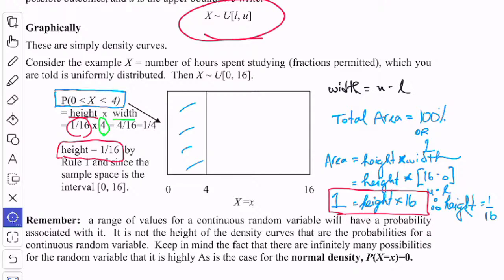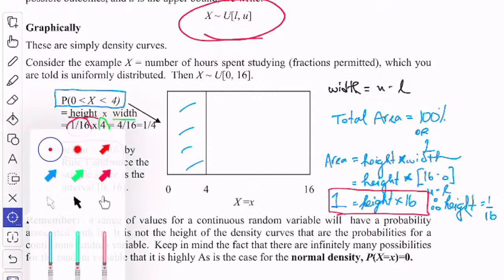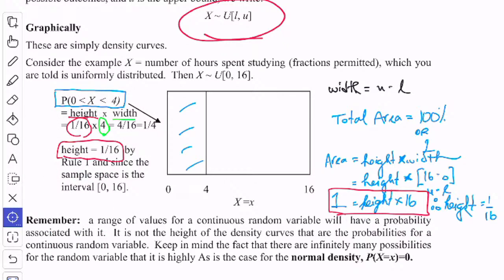Okay, so keep in mind what we know about continuous distributions. In continuous distributions, the probability of an event exactly occurring, x equals x, we say is 0, right? It's for a continuous distribution.